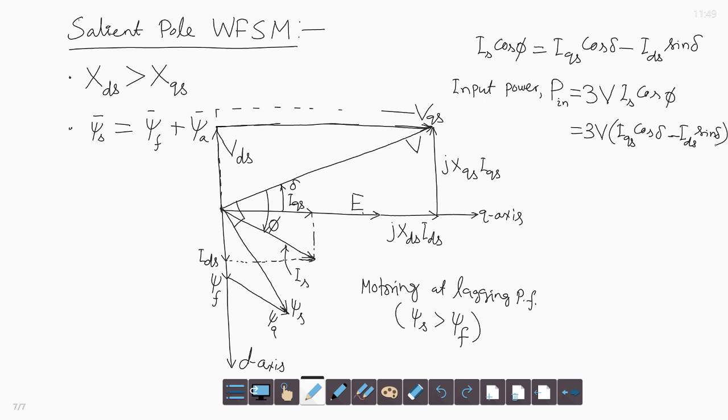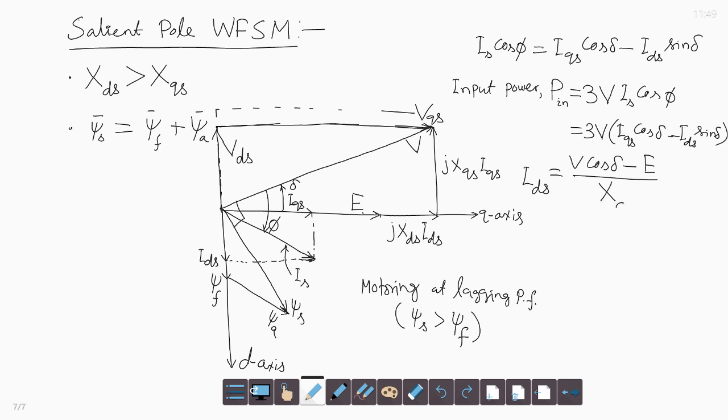Further, you can see how to get Ids and Iqs. From this phasor diagram, V cos delta is the component of V along E, minus E, which is the drop Ids xds.